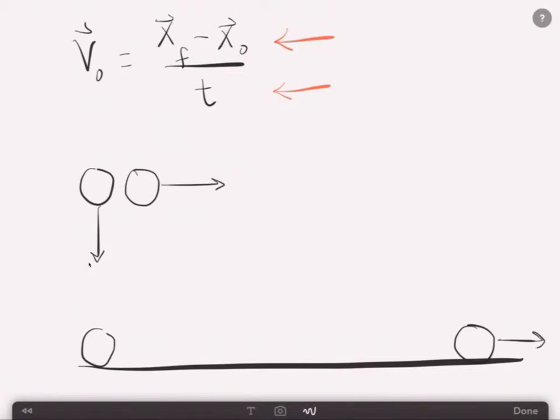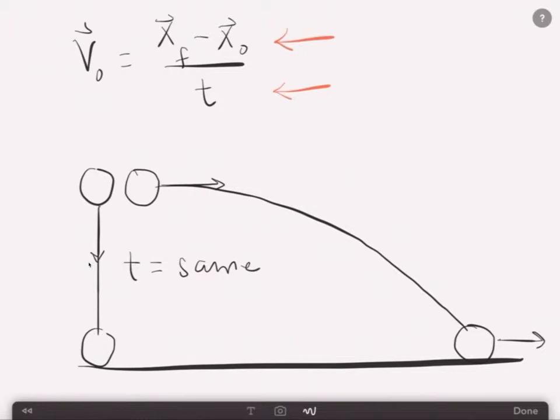So the time of flight between these two events will be the same. If I draw this, this ball is coming down like so, and this ball is just going straight down. So I'm just saying that the time is the same.